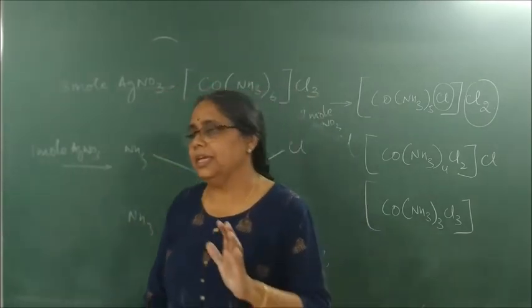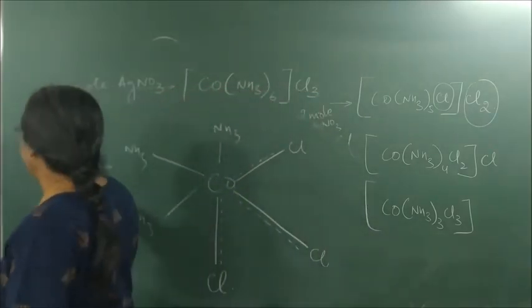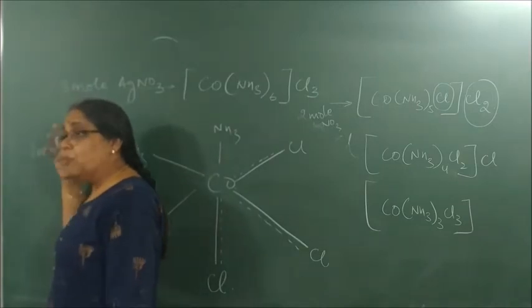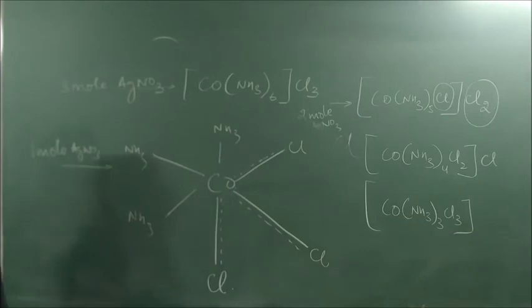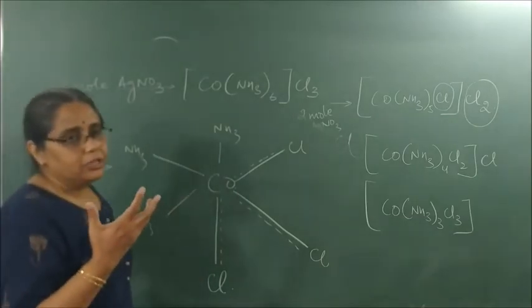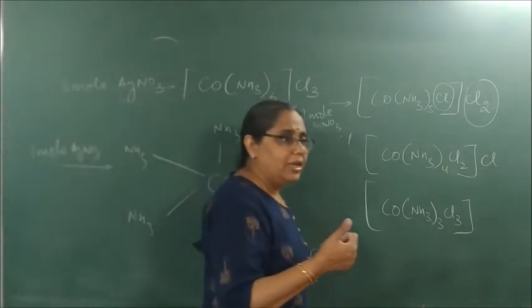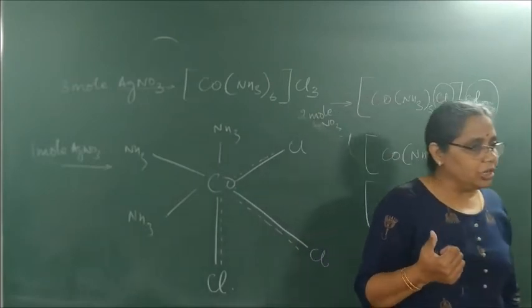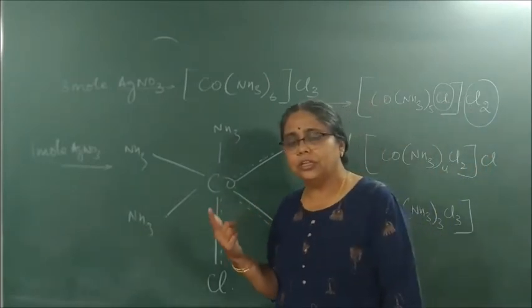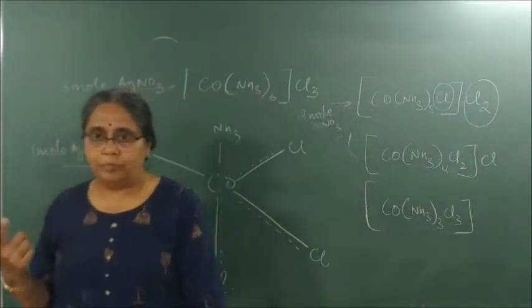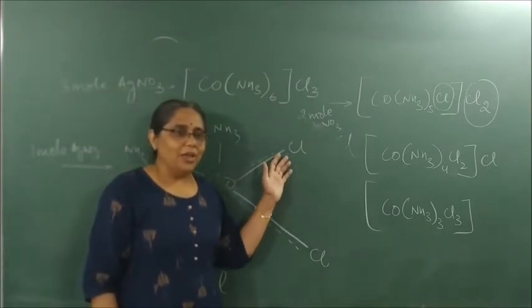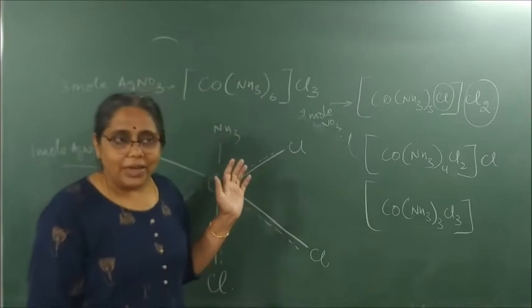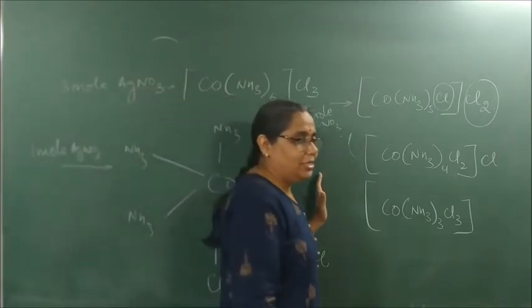Alfred Werner basically explained the stability of a complex ion by giving its bonding outlook in the form of its valencies. He said every metal atom has 2 valencies, the primary valency corresponding to its oxidation number and the secondary valency corresponding to its coordination number. The primary valency is ionizable and the secondary valency is non-ionizable.